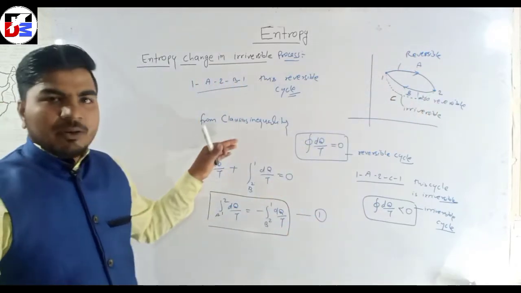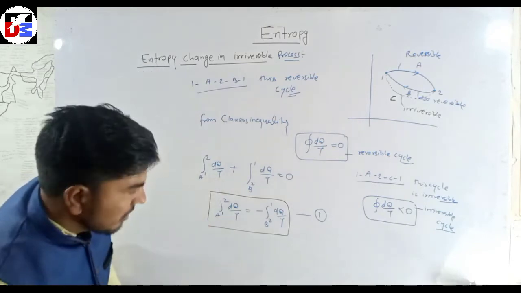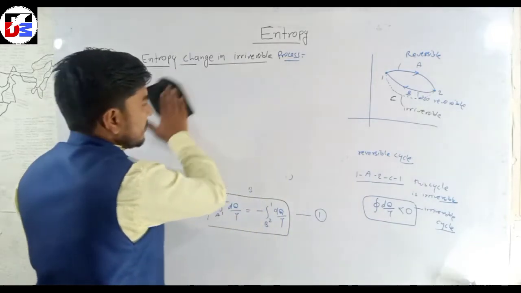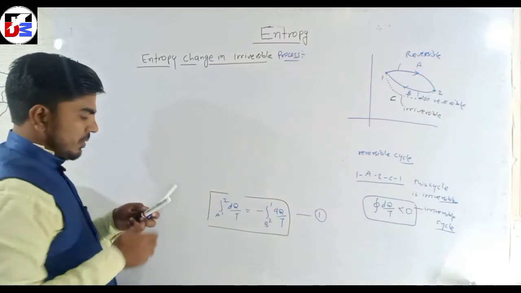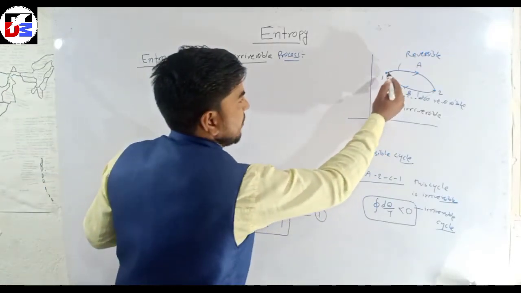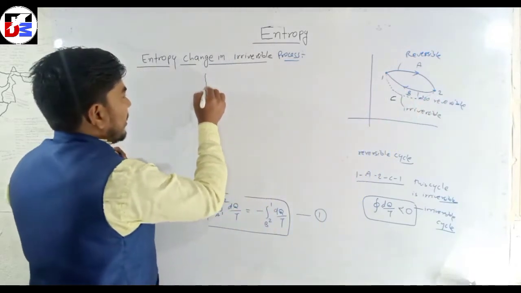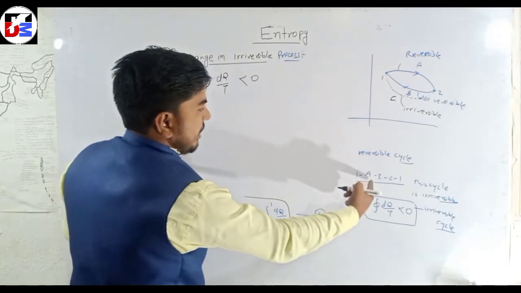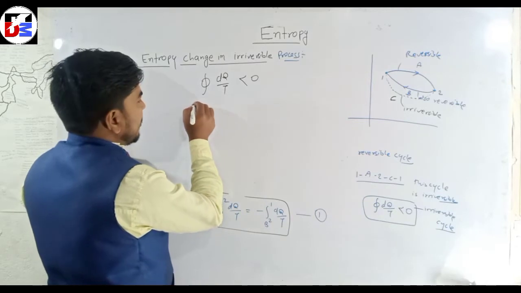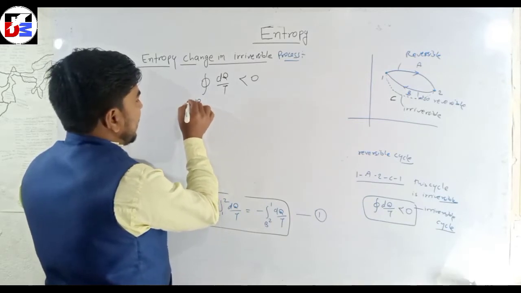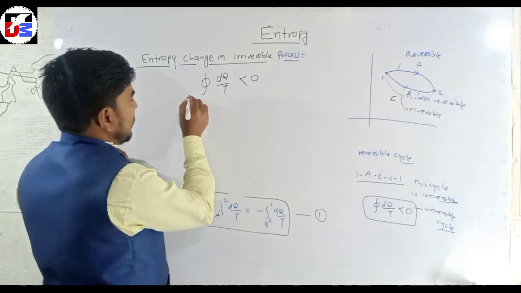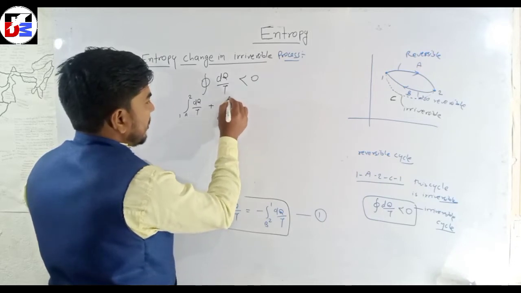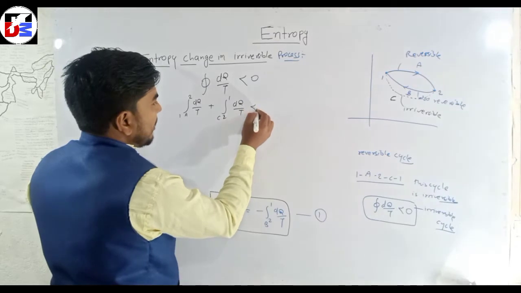There is no space, so I write this term roughly. For the irreversible cycle 1A2C1, the cyclic integral of dQ/T is less than 0, and for 1A2C1 we can write dQ/T along path A from 1 to 2 plus dQ/T along path C from 2 to 1 is less than 0.